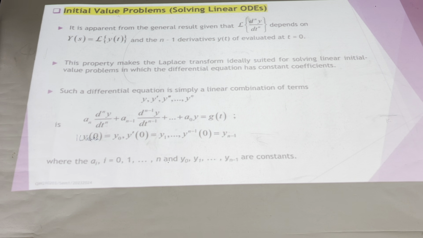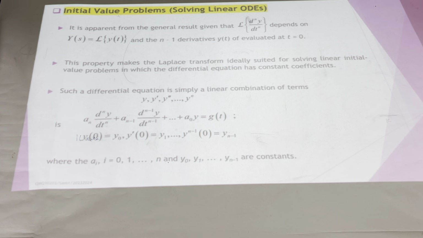By the linearity property of Laplace transform of this linear combination, when we apply the Laplace transform to a differential equation, each term in the differential equation you can transform into Laplace form.